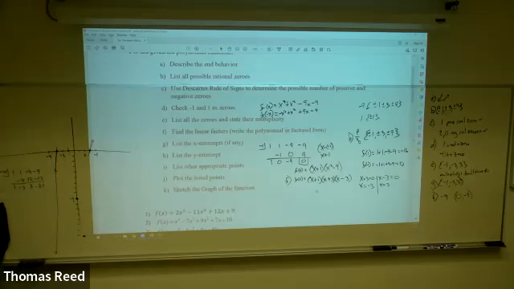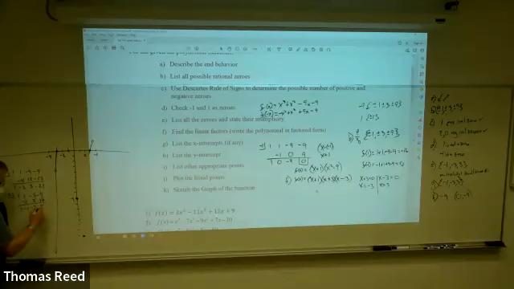Now -2, so I'm going to do the same thing with -2. -2, 1, 1, -9, -9, and it's going to be positive because it goes up and then it has to come back down again. So I'll bring down the 1, multiply by -2 gives a -2, and that gives me a -1. Multiply here, and that'll give me a +2, which is a -7. -2 times -7 is a +14.